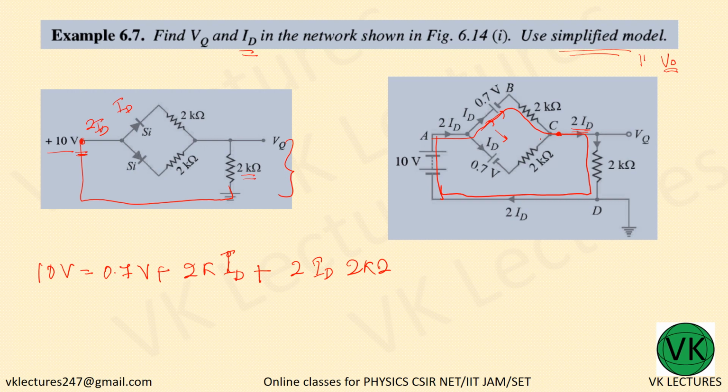Alright, now 9.3 volt is equal to 2K ID plus 2K into, sorry, 2K into 2 ID. So 4K ID, which means 6K ohm into ID, which means ID is equal to 9.3 divided by 6K ampere. Leave it like this, 6K ampere.